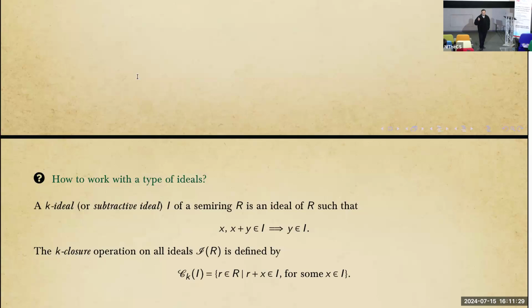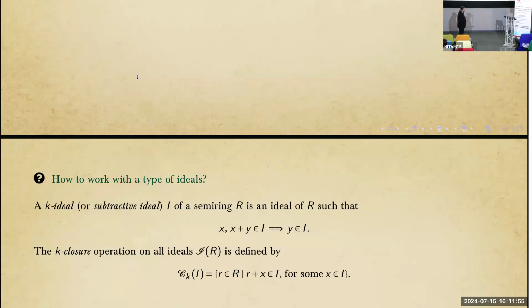What is interesting about the closure of this I is that it will be the smallest subtractive ideal containing the ideal I. But then you may ask, why should I bother about introducing the closure operator, or rather, what is it good for? It is good for studying many different special types of subtractive ideals.